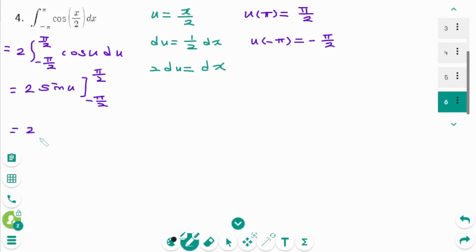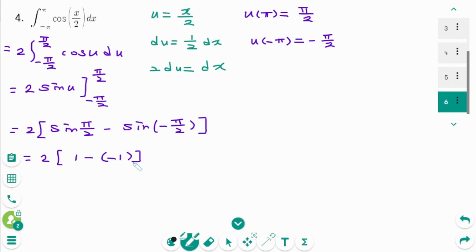Equals 2 times sine of the upper limit pi over 2 minus sine of the lower limit minus pi over 2. Equals 2 times, sine pi over 2 is 1, minus sine minus pi over 2 is minus 1. Then 2 times, making it positive, is 2. The final answer is 4.